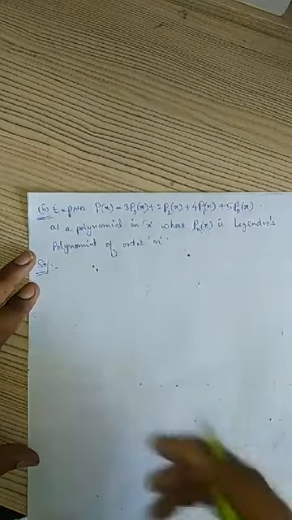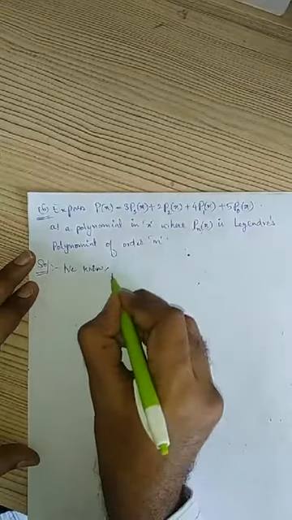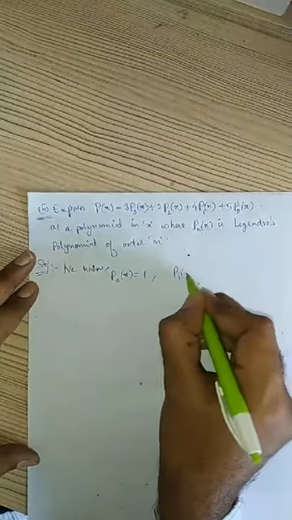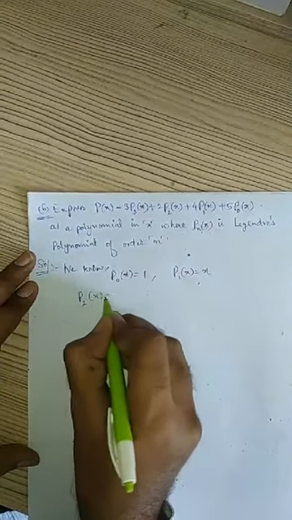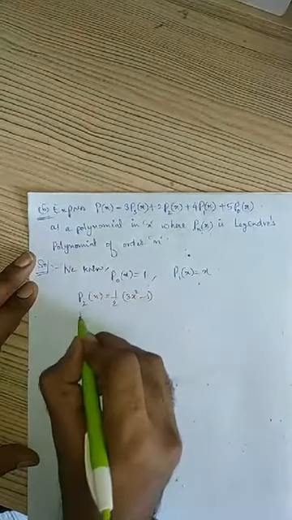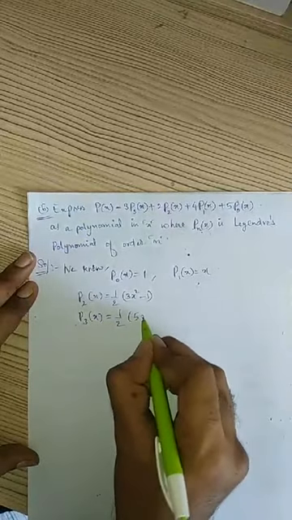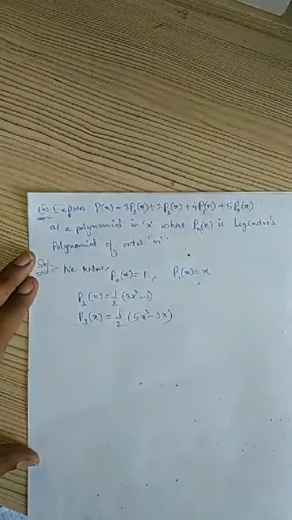So we have to replace everything. So we know what is P0. P0 of x is given by 1, and P1 of x is given by x, and P2 of x is given by 1 by 2 into 3x square minus 1, and P3 of x is given by 1 by 2 into 5x cube minus 3x. Now substitute all these things in the formula.